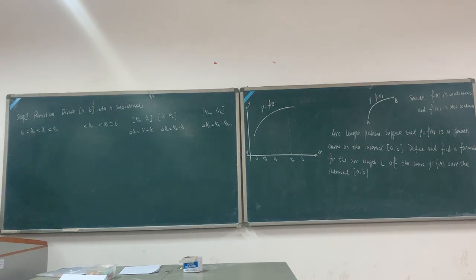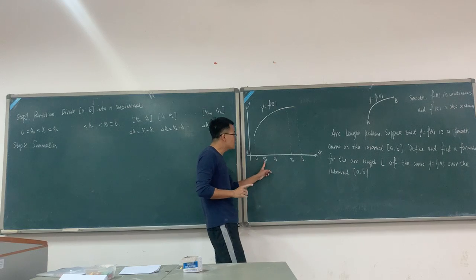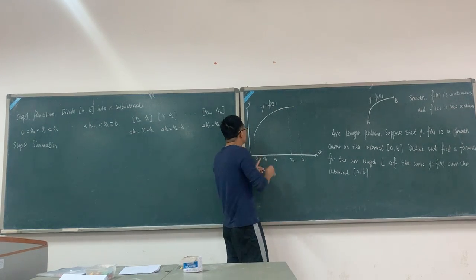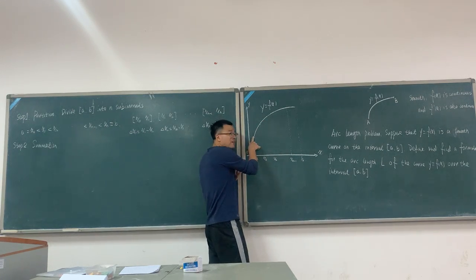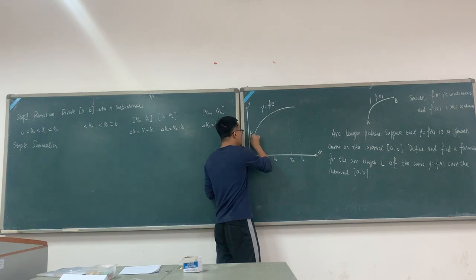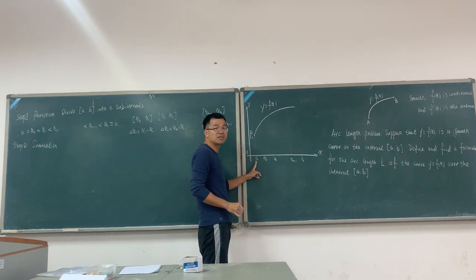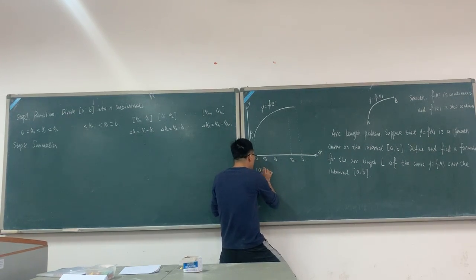The second step is the summation. Here is x1, so here we have the first point, the left point, which we denote by P0. P0 is actually (A, f(A)), that is (x0, f(x0)).